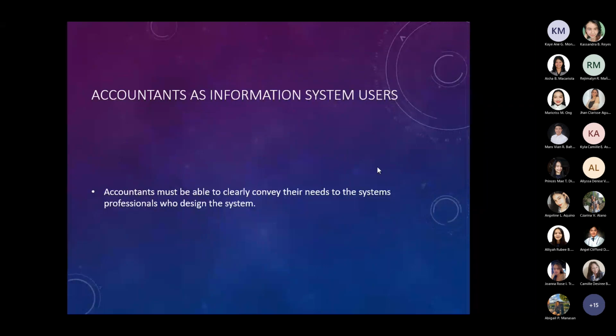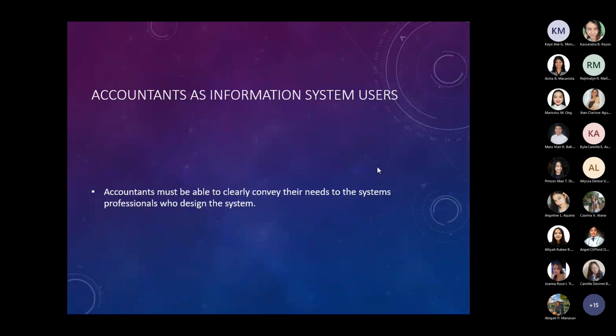Kasi si IT, hindi niya naman naiintindihan anong nangyayari doon sa business. Hindi niya alam ano yung need na information. Ano yung mga sources of information. External at saka internal. Saan nanggagaling yung sales invoice, paano siya pinaprocess. Bago ka gumawa ng isang system, dapat malaman mo yun. So, sinong magsasabi doon? Si accountant.